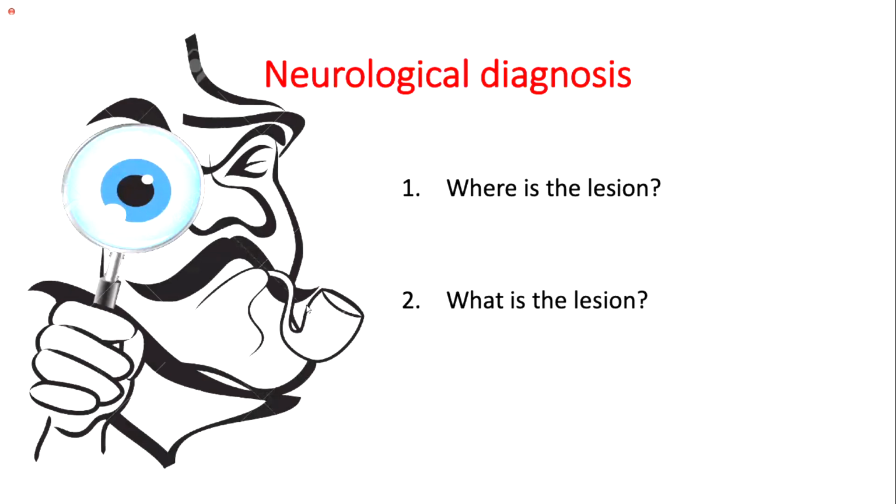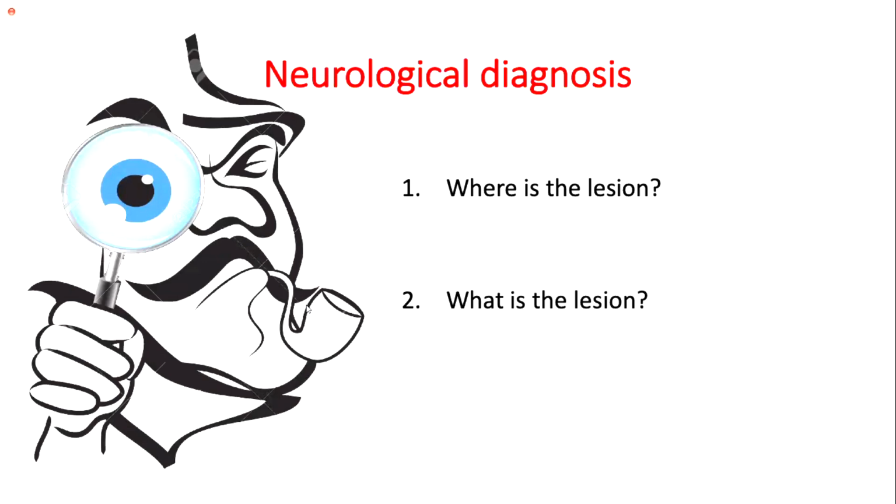Unlike before the neurology module, now you are at the end of the neurology module and you have the required knowledge to answer both questions. Now I do this lecture for the first years. They can only answer the first question because they have done only anatomy, whereas you have now learned all the different pathologies also.